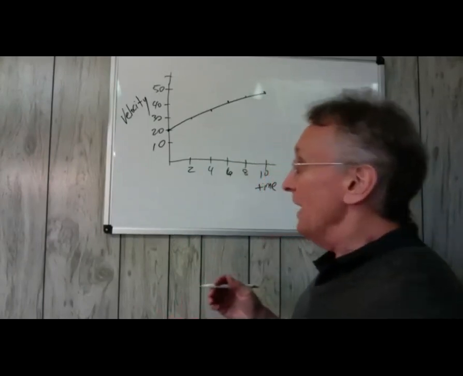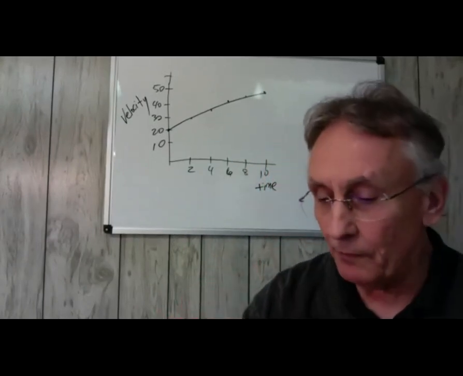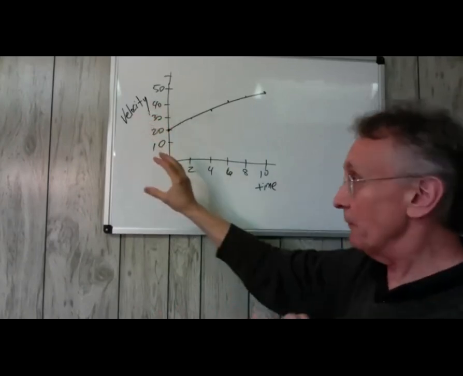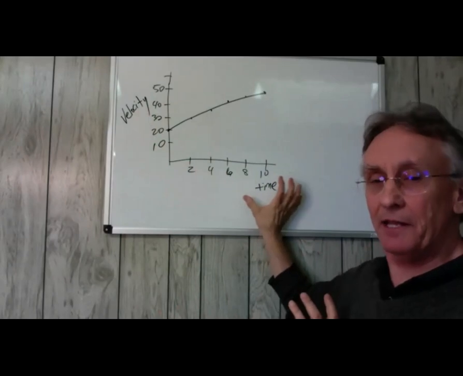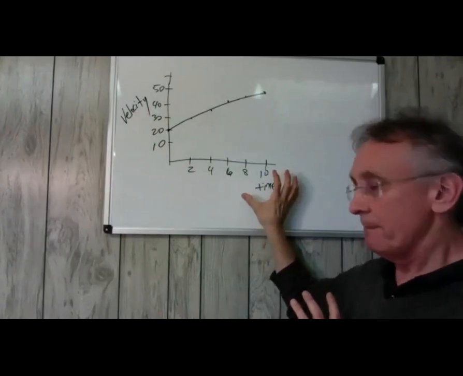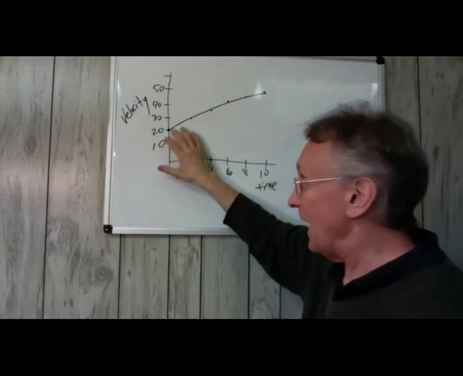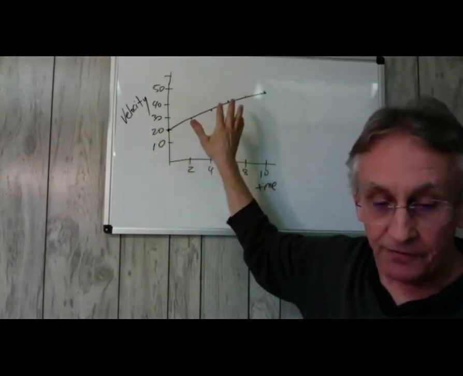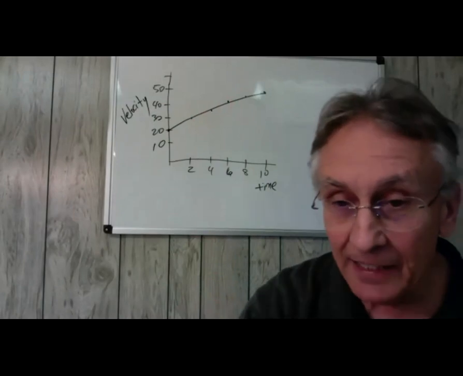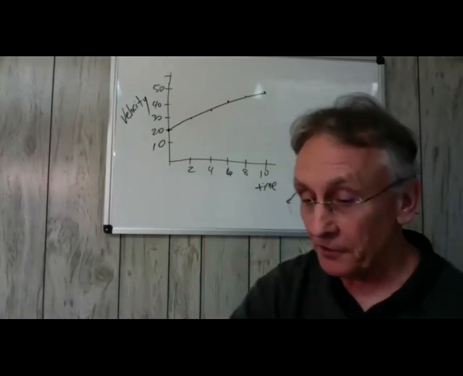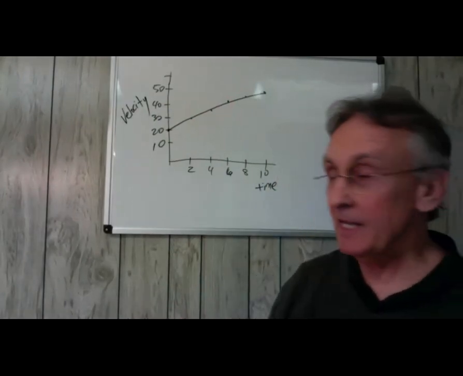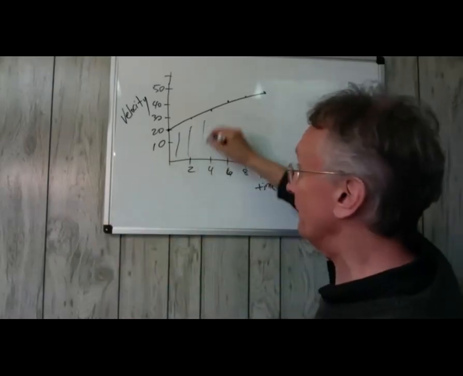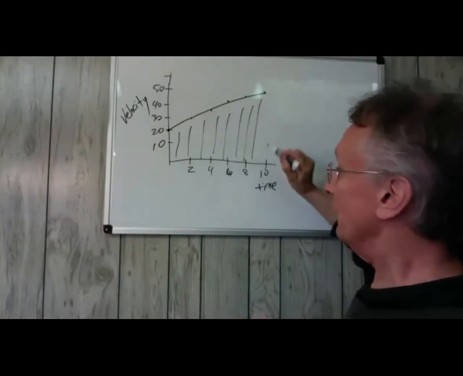Okay, so the idea was that when we did that first problem, we had velocity on the side and time down here on this side. If velocity is the rate of change on the curve, then the area under the curve turns out to be the amount of change that happened with whatever you're talking about.